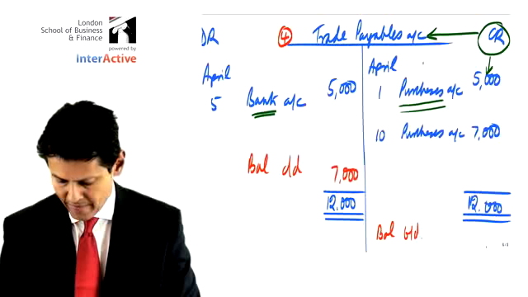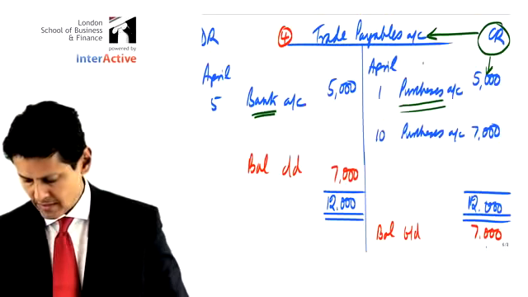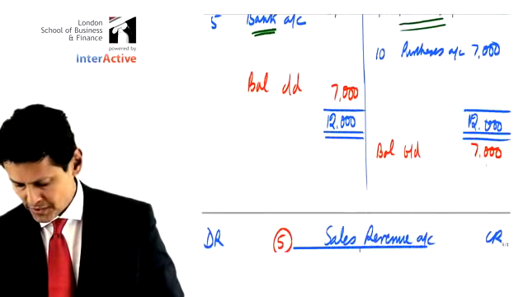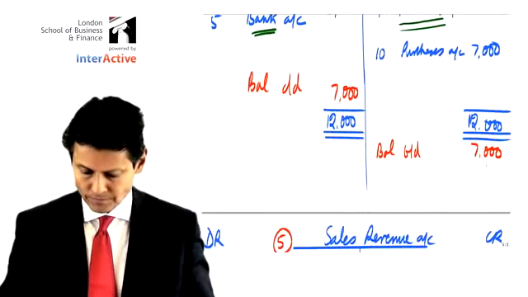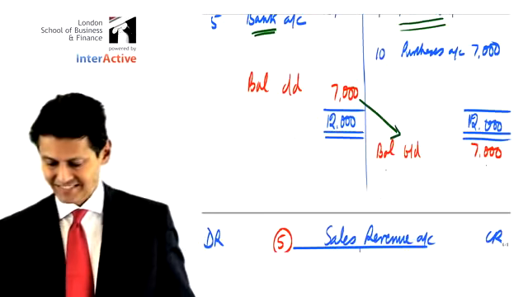Of course, you have the balance brought down of 7,000. And so the process continues. So that comes down like that.